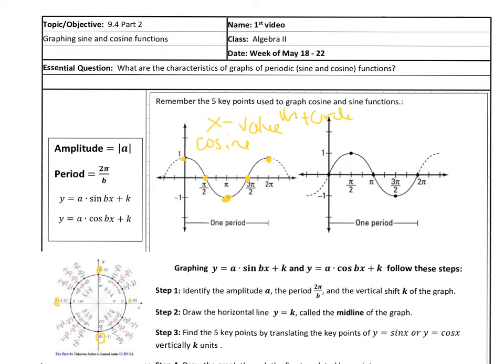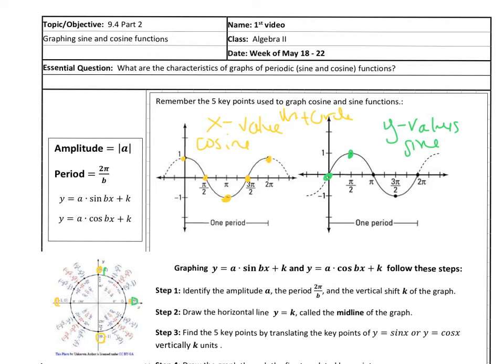And then we do the same thing for our sine function, but this time we're going to look at the y values. We start at 0, and the y value at 0 is 0. Then we go to 90 degrees, or pi over 2, and the y value is 1.